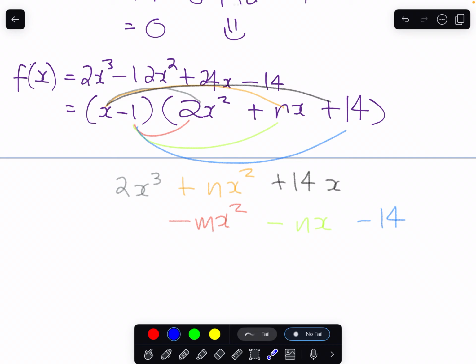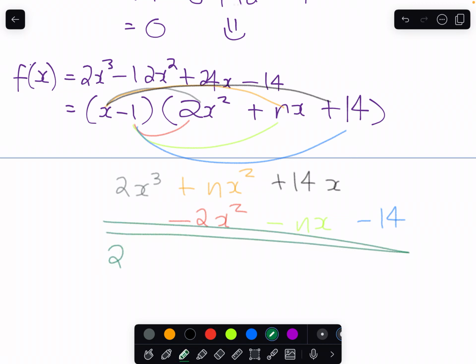We have this multiplication here, which is minus 2x squared. We have the minus 1 times nx, which we still don't know, and then the minus 1 times 14, which is that guy.